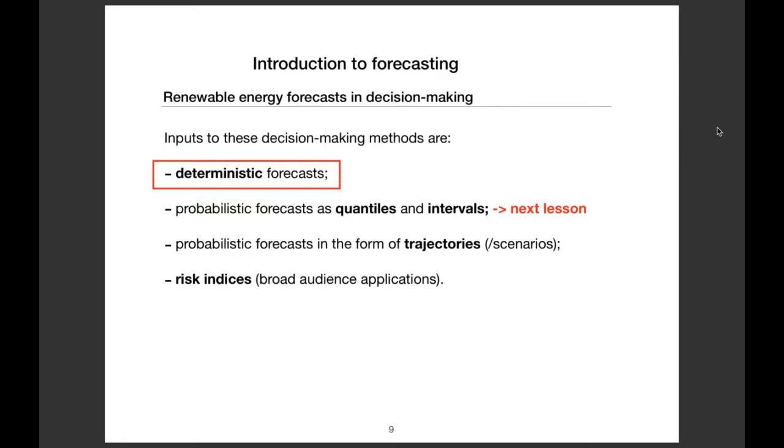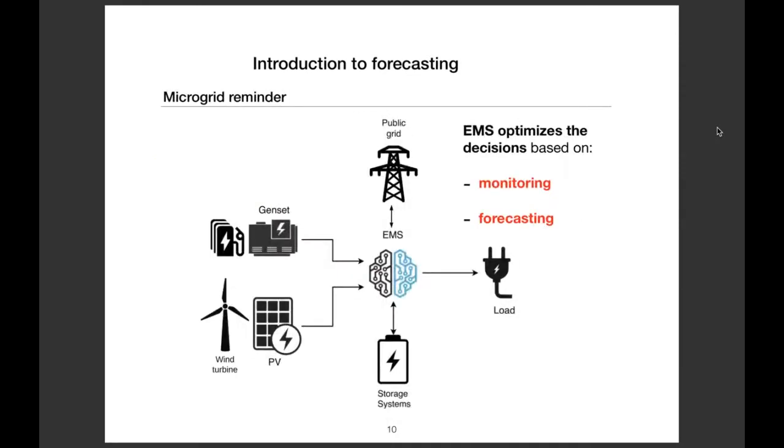In the lesson of today, we are only focusing on deterministic forecasts. The next lesson will focus on probabilistic forecasts as quantiles and intervals. And we will not see the probabilistic forecast in the form of trajectory in the last one.